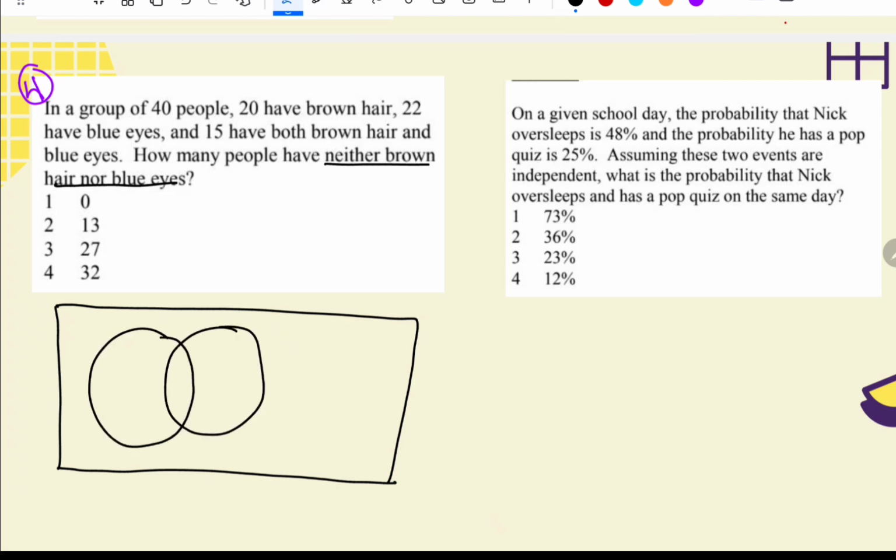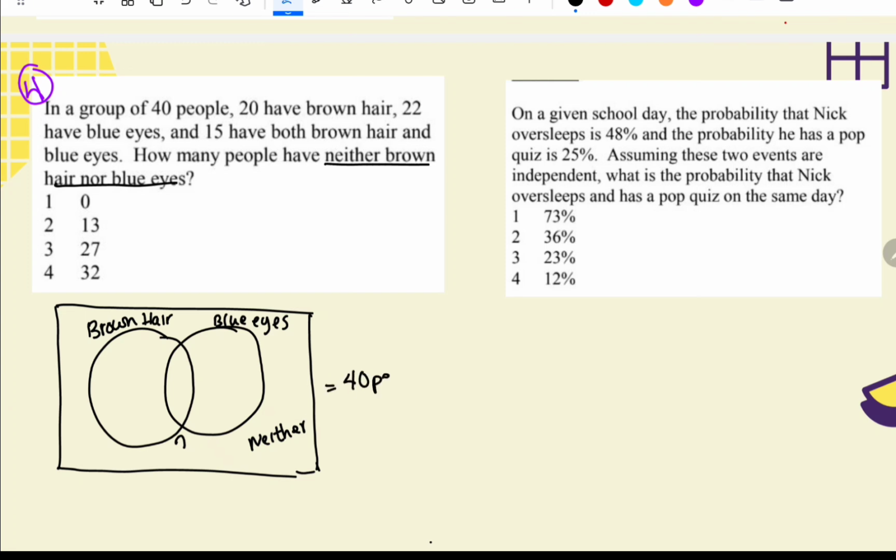But we're trying. Okay, so this is going to be brown hair. This is going to be blue eyes. This we know is both. And this we know is neither. And this equals 40 people.